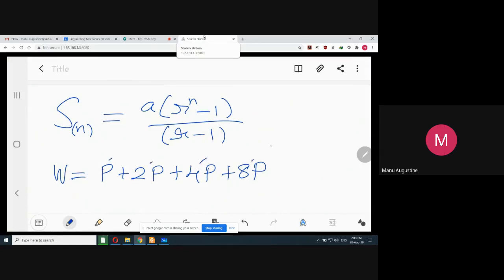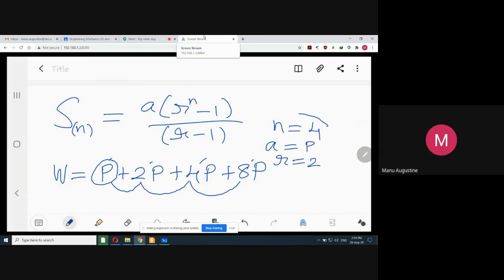Since I have 4 terms, my n or small n is equal to 4. What is the first term of my geometric progression? It is P. So in this, a is equal to capital P. And now what is the common ratio that is being multiplied across each term? Multiplication of 2, again multiplication of 2, again multiplication of 2. So my common ratio for this geometric progression is 2.